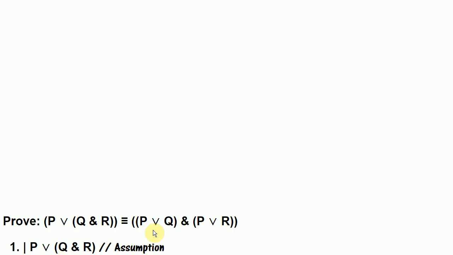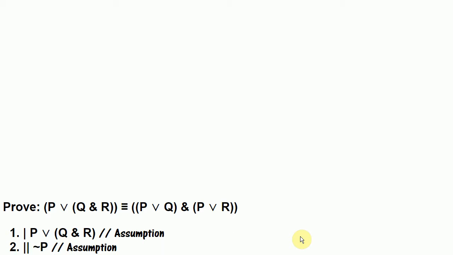And it's a conjunction of 2 disjunctions. We can get each of these disjunctions by proving the conditional that each one is equivalent to. So we're going to use a conditional proof to get at each of these disjunctions, and once we have them, we'll use a conjunction to bring them together.